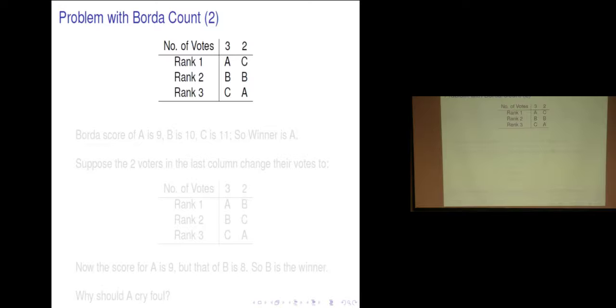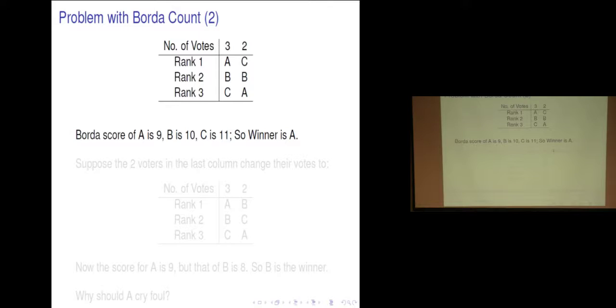Okay, now there's another problem, and this problem will lead to another criterion, to another property. Okay, so let's look at a simpler problem. So here, suppose you have 3 voters choose A, B, C in this way, and 2 voters choose C, B, A in that way. Okay. So now again, we have to try the Borda count.